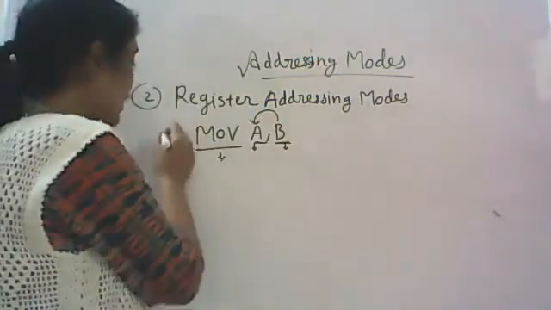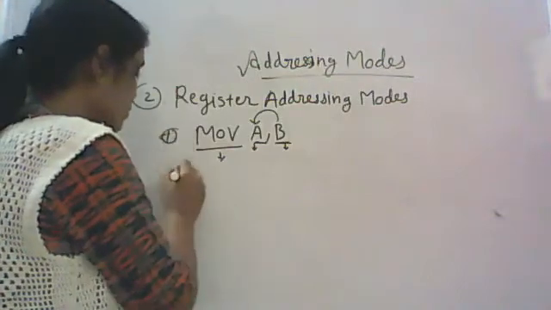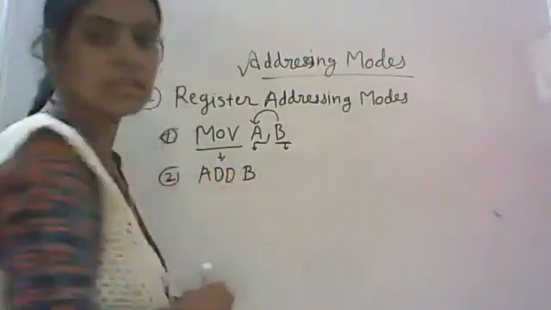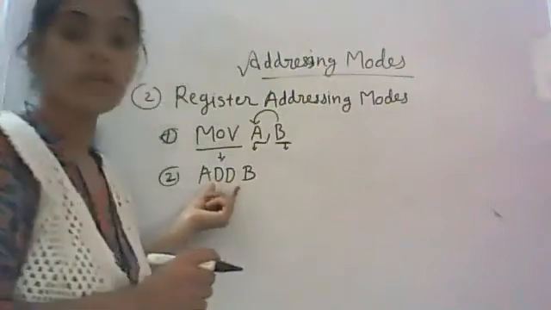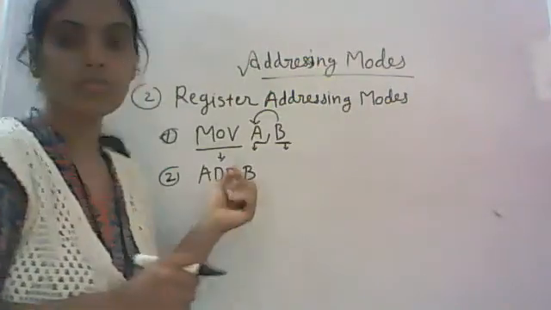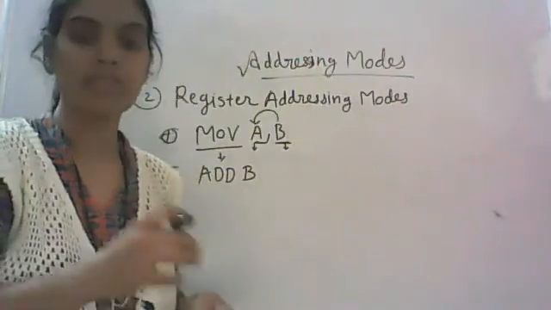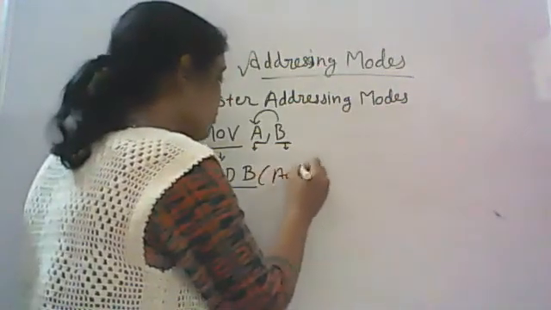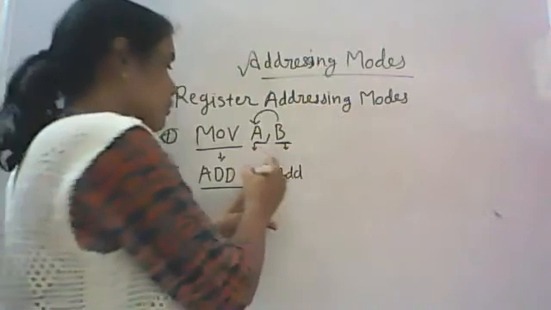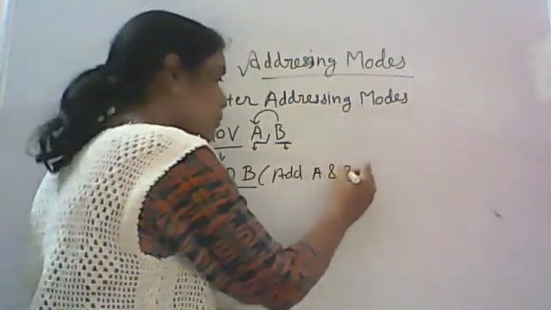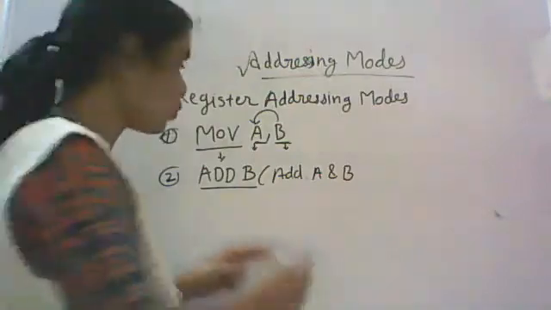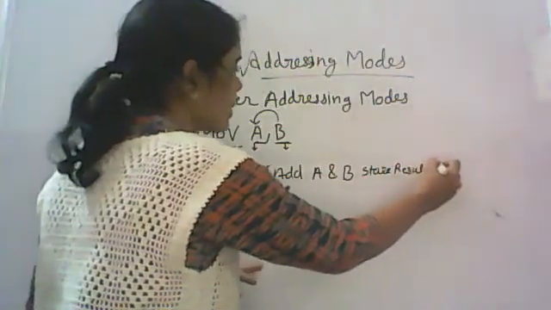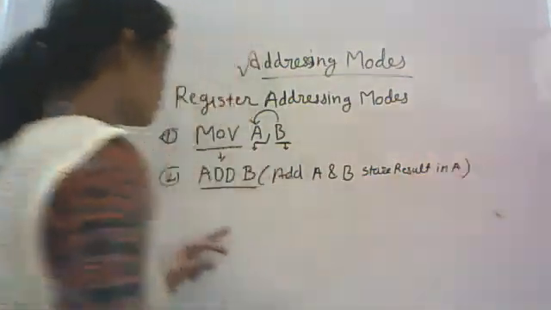Now we see another example, that is ADD B. See, in this instruction, add the content of register A and B and store the result in A. Okay.